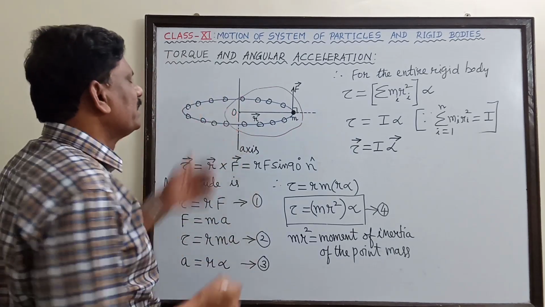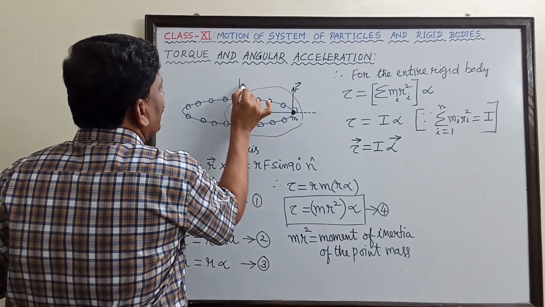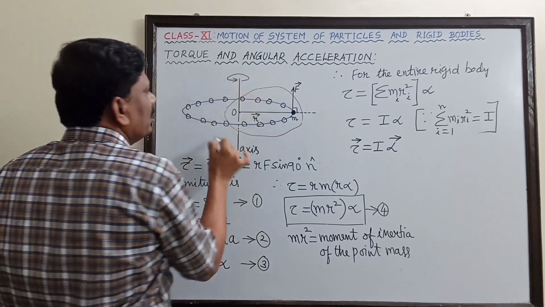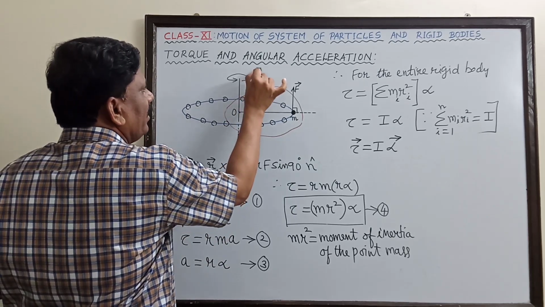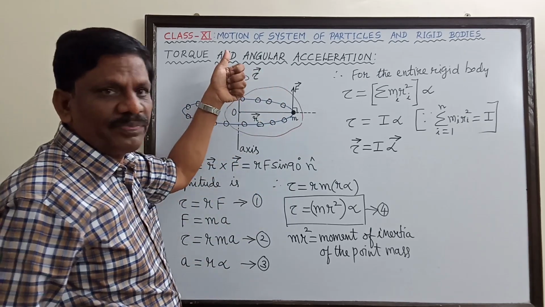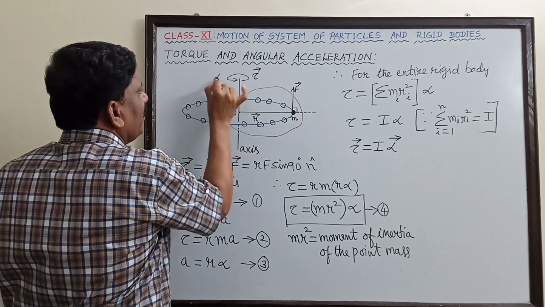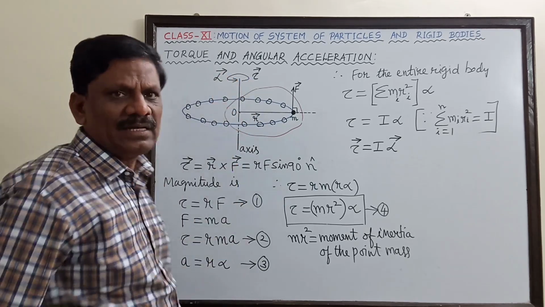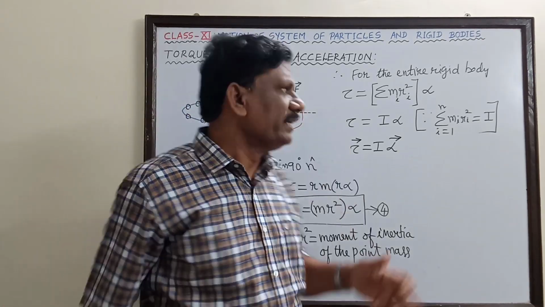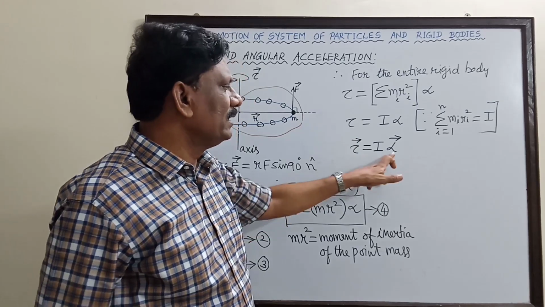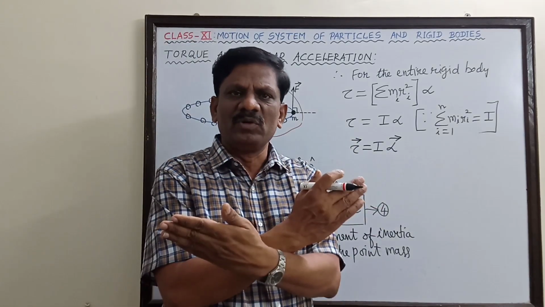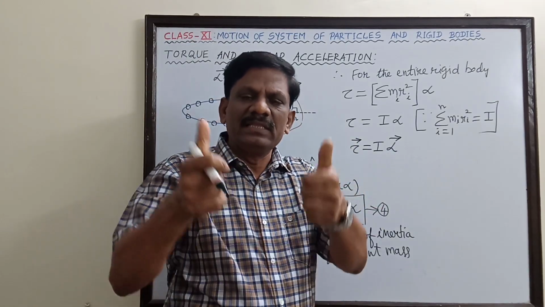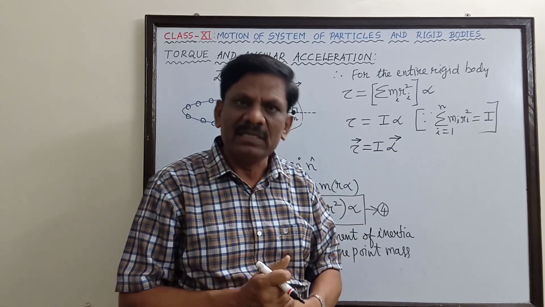In this picture, if this is the direction of rotation, then the tau vector will be upward, and the angular acceleration vector also will be upward. That is why the tau vector and alpha vector are directly proportional to each other. Both are in the same direction.